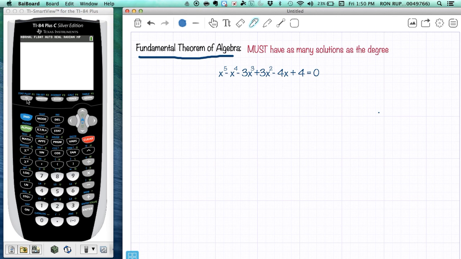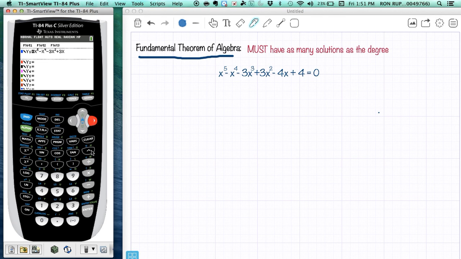We are going to come over to our calculator, and we are going to plug in y equals x to the 5th minus x to the 4th minus 3x cubed, plus 3x squared minus 4x plus 4.